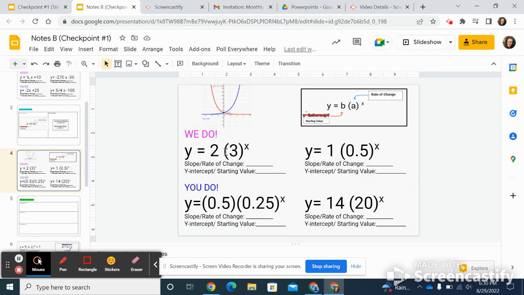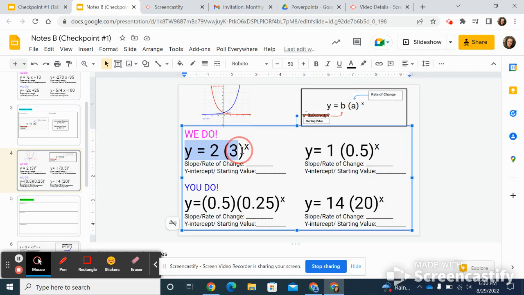So here we go. Our first equation here says y equals 2 times that parenthesis 3 and the x up high. The first question I'm asking is, what is the rate of change? Well, let's go and look at our picture. I see right here, this picture is saying the rate of change is pointing to, for this picture, it's whatever's in the parenthesis, but I want you to think about, again, whatever number is attached to x, okay?